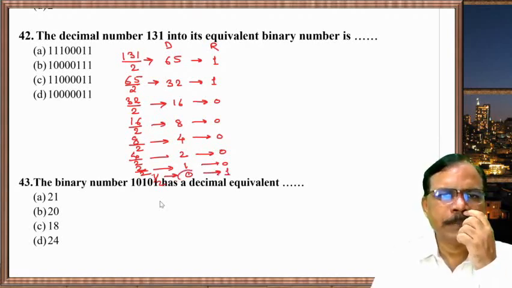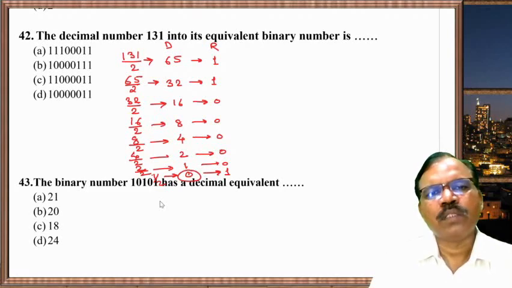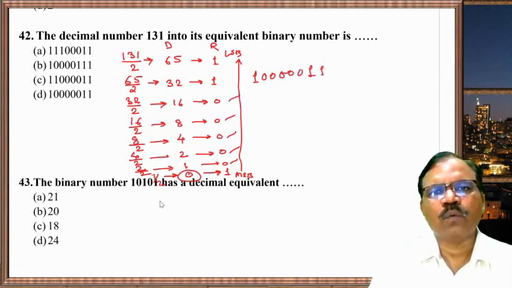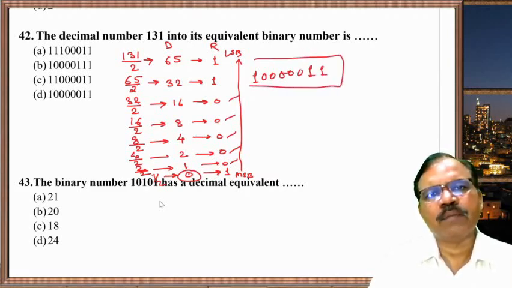Now division is 0, so stop here. Now this is MSB and this is LSB. So take the number like this. You will get 1, then 0, 0, 0, 0, 0, 0, and then 1, 1. This is the binary number.